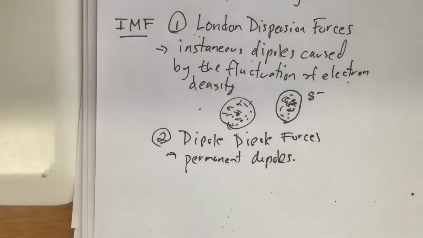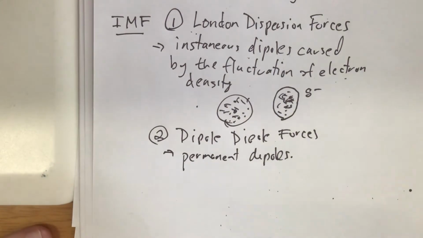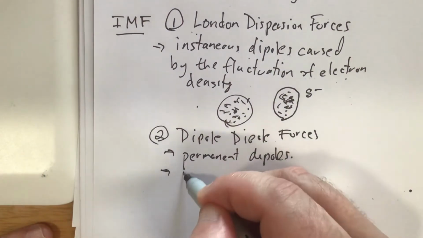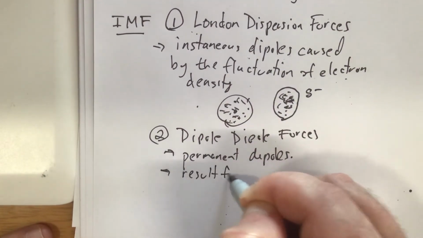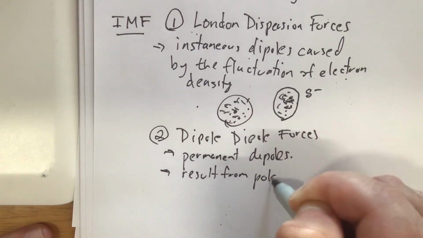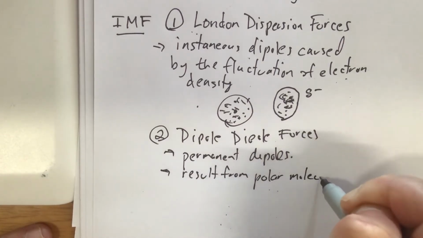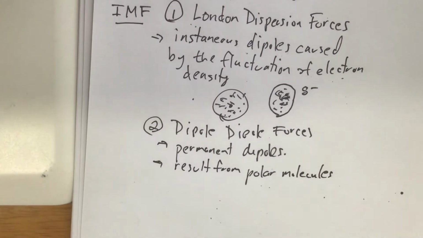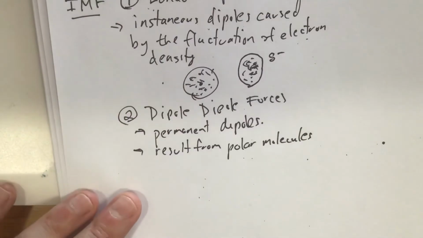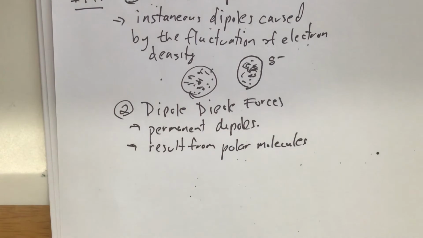And last week during our online class, we did a bit of review about what makes a polar molecule, because these result from polar molecules. So all molecules have a dispersion force just because of the random movement of electrons around the nucleus. But molecules that are polar can have this dipole-dipole force.